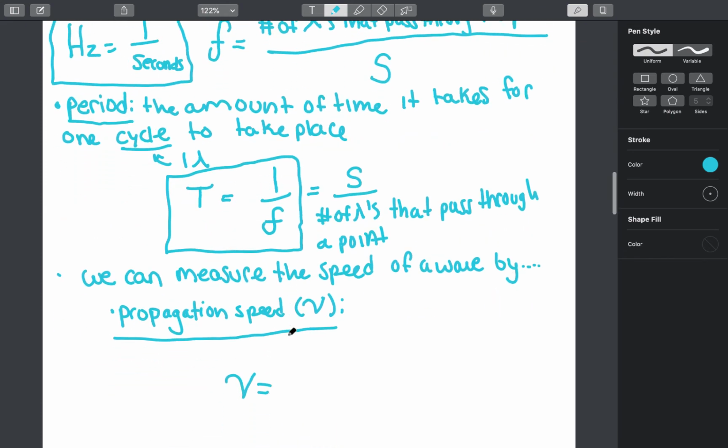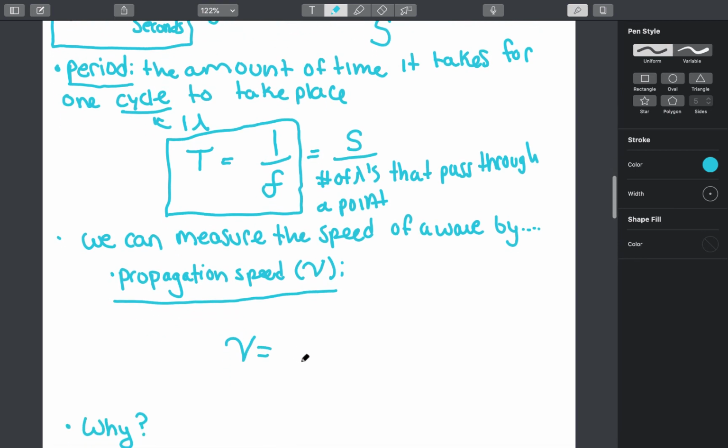So, use the frequency to measure the speed of a wave. And this speed is called the propagation speed, or the speed at which a wave travels. So that is the propagation speed.